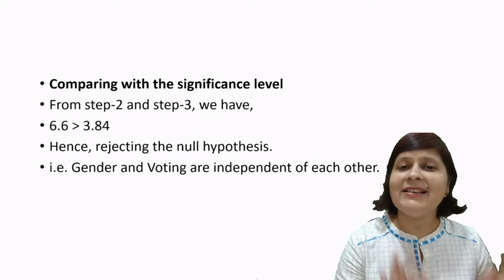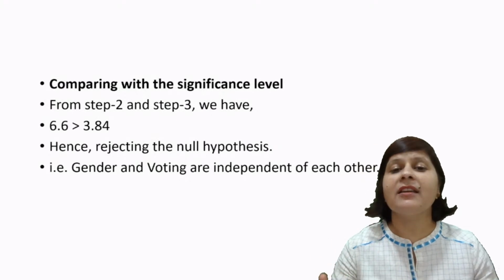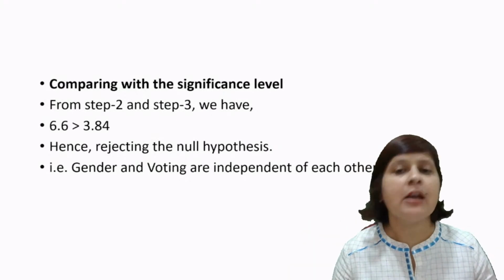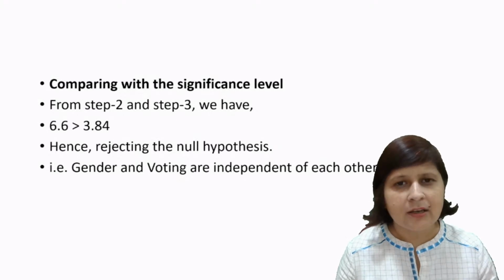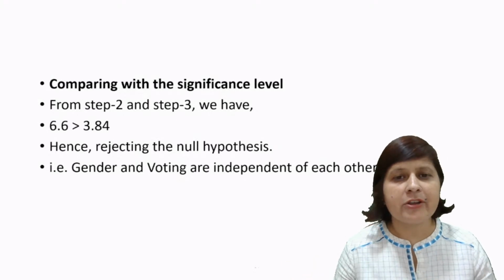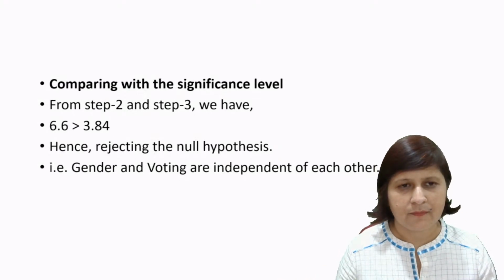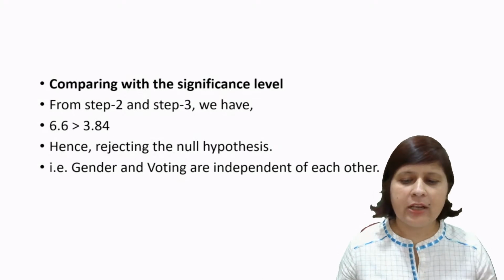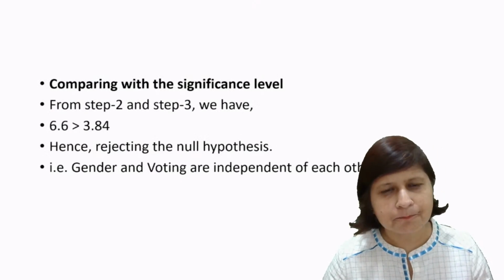This shows that when the chi-square value is more than the critical value, there is a significant difference between the groups. And when there is a significant difference, we reject the null hypothesis. That is, gender and voting are not independent of each other, right?